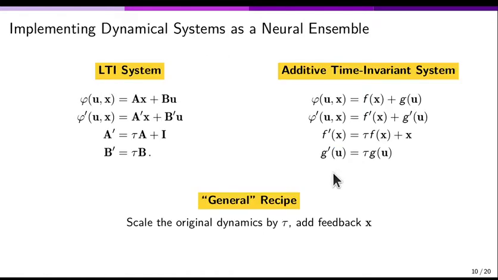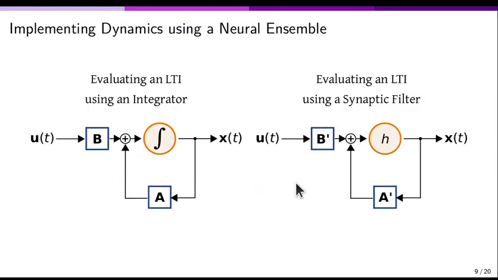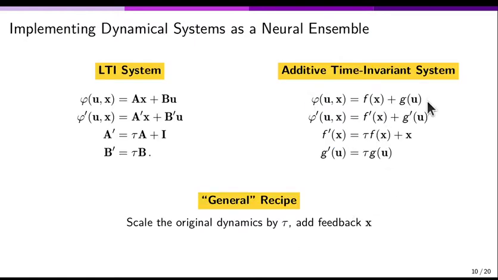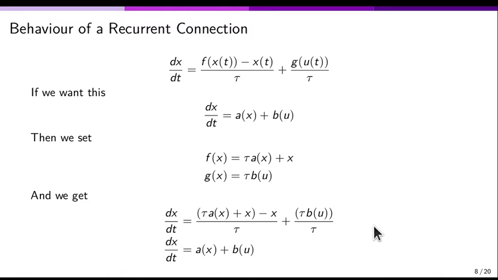But the punchline is that if I have any sort of differential equation that I would really like to implement in any of these forms, what I can do is implement that same dynamics multiplied by tau plus a feedback term. Take the dynamics of what I want, multiply it by tau, and add a feedback term just for that recurrent connection. Multiply the other input by tau, and I can build up whatever I want.